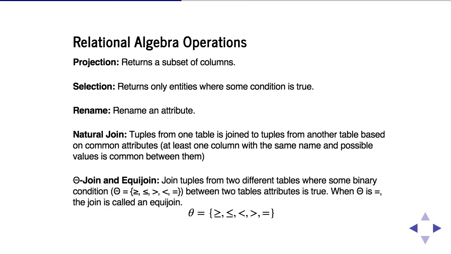There's also theta join and equijoin, where you're joining two tables where some binary condition, which we call theta, is true.